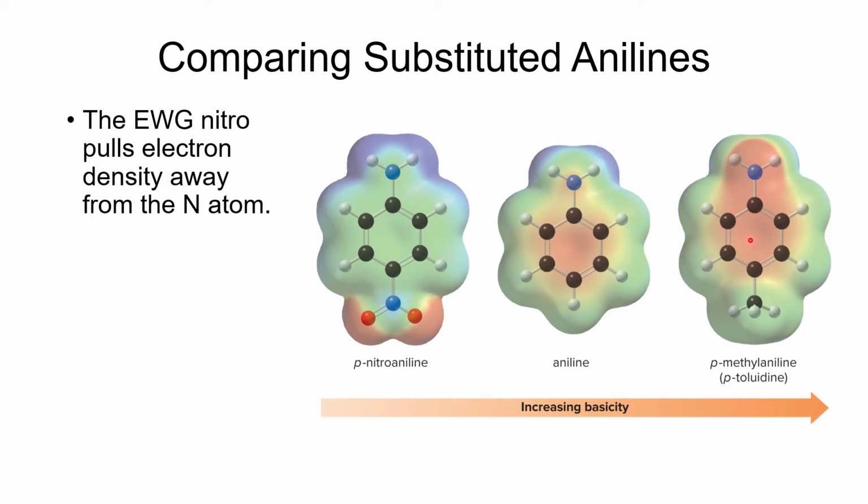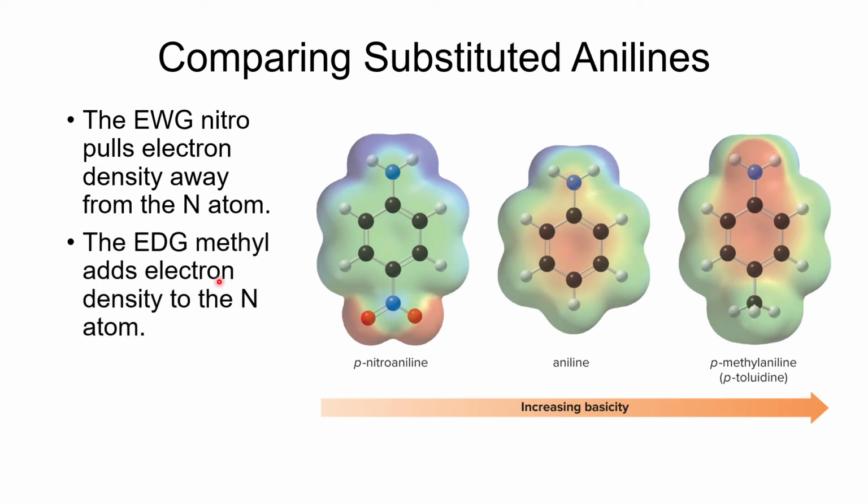Over here, we have an electron donating group, this methyl group. That methyl group will add electron density to the ring, which makes more electron density available to the nitrogen, which means it's a stronger base. So we increase the basicity by adding electron donating groups, and we can decrease the basicity by adding electron withdrawing groups.